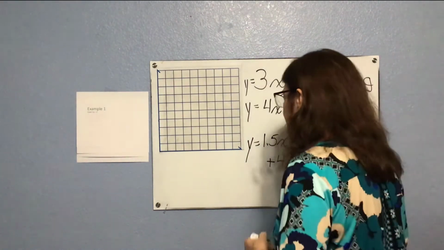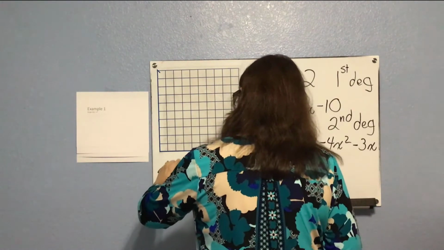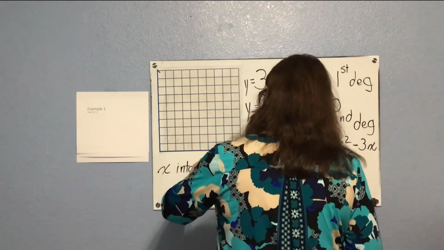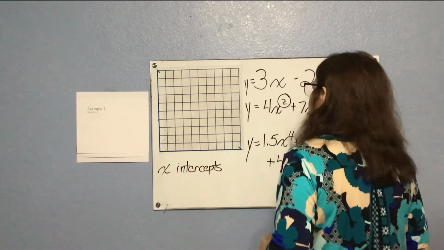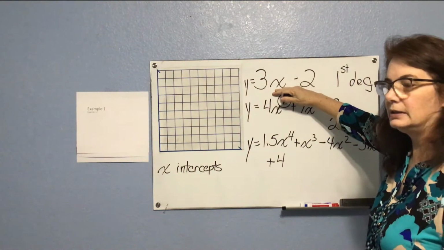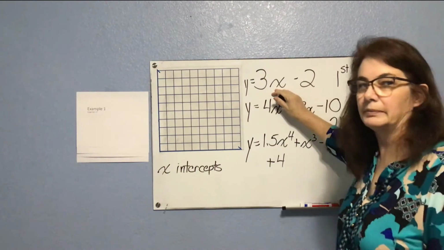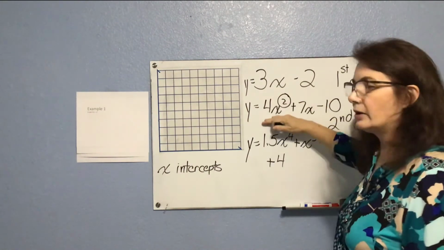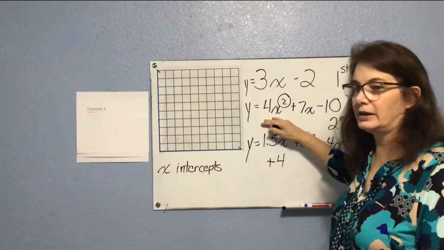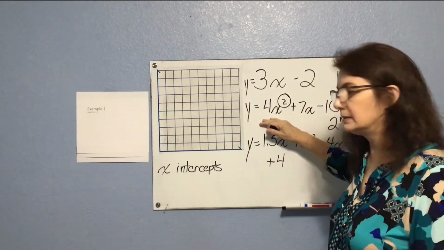The first one is the rule about x-intercepts. We know that a linear function, if it crosses the x-axis, can only cross it one time. A quadratic function that crosses the x-axis will either touch it and turn around or cross it twice, no more than twice.